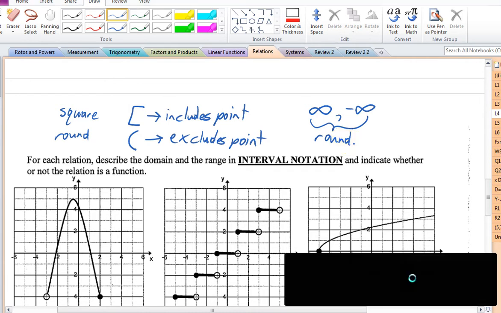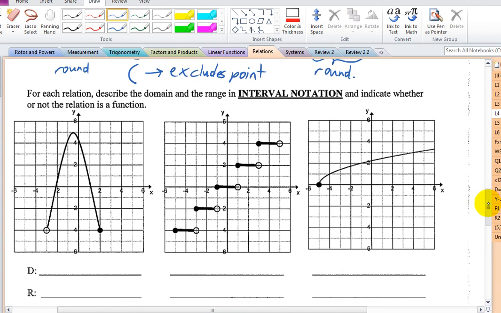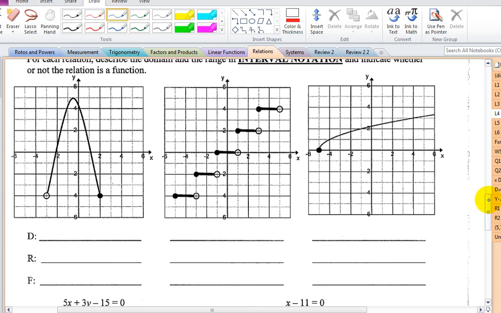Okay. Let's keep going. So, for our domain, we're in between these points. If we scrunch that line onto the x-axis, we're between those points. So what's our low point? -3, comma, and what's our high point? +2.